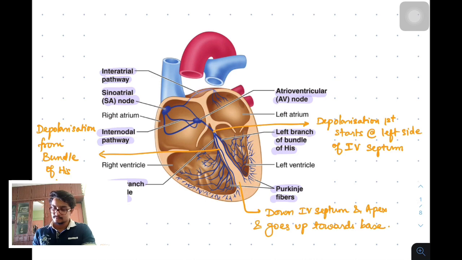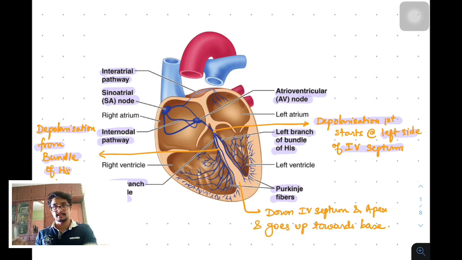The salient features regarding the conduction system are to be noted here. The depolarization starts at the left side of the interventricular septum, while the depolarization wave is progressing from the AV node to the bundle of His. First the depolarization occurs at the left side of the interventricular septum, and from the bundle of His it first moves to the right side.